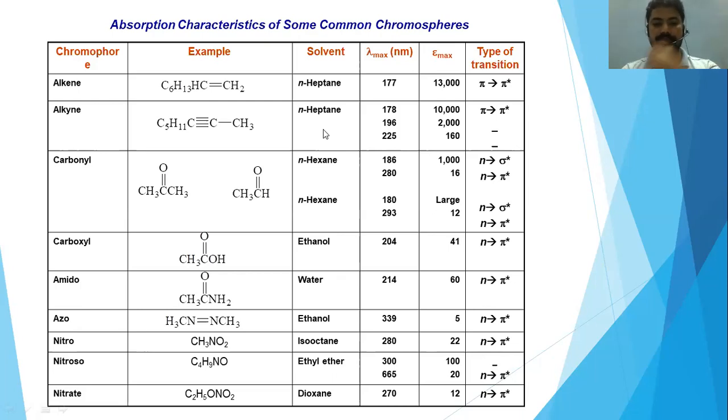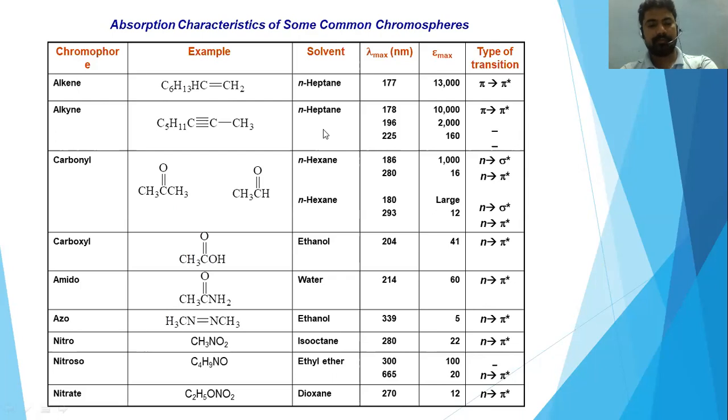Right, let us discuss what kind of electron transitions carbonyl compounds undergo. By seeing the molecule only, we can say under which kind of electron transitions the molecule will undergo. Of course, we have also learned about the different kinds of transitions in organic molecules.